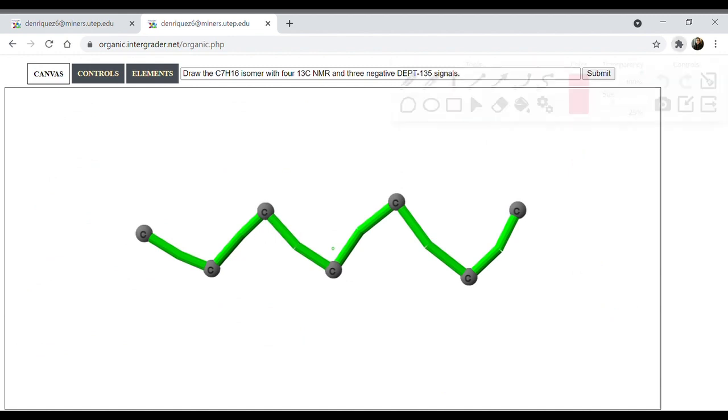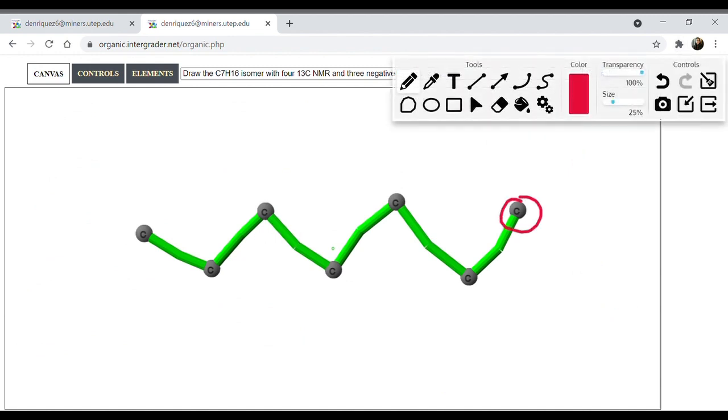So I'm gonna go ahead and find the ones that are equivalent. So I have those two, those two that are equivalent, and then lastly I have that center one. I need 3 negative, but as we know, these two are the same. These two are the same, and this one is on its own.